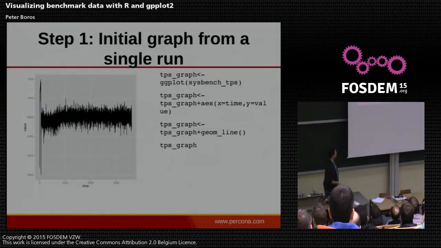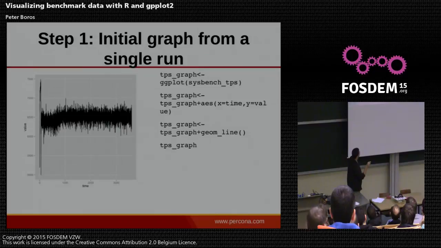Okay, so initial graph, the R code for that is this. The R code will grow during the presentation. We take just the 256 thread read-write benchmarks at first. In order to create a graph with ggplot2, you have to create a graph object with the ggplot function, and you have to add at least aesthetics and at least a geometry.